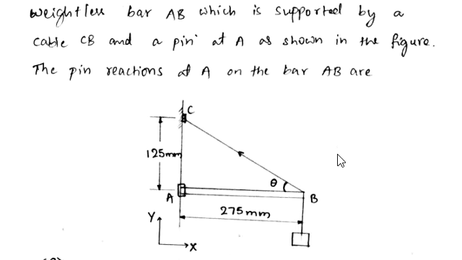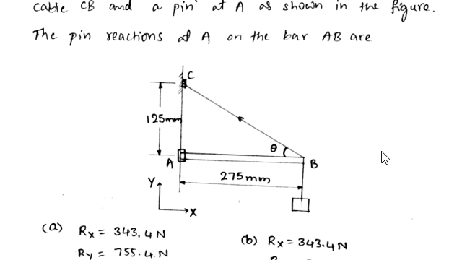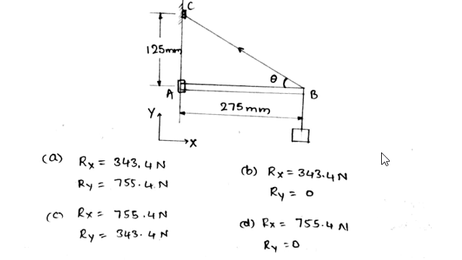So here a bar AB is suspended by a load of 35 kg and it is also held in position by the cable CB, and these are the X and Y directions, and it is also joined at point A with a pin. So at this point A we have to find the reactions. Some options are given and we have to choose the correct option.